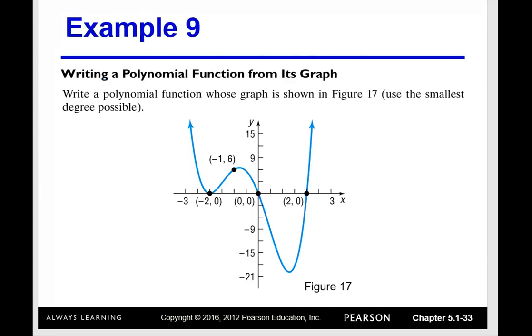And then this one says, write a polynomial function whose graph is shown. Okay, well, I know it's got 3 x-intercepts. It's got this one here. Since right here, x would equal -2, that means that it came from x plus 2 equals 0. X plus 2 is one of my factors.